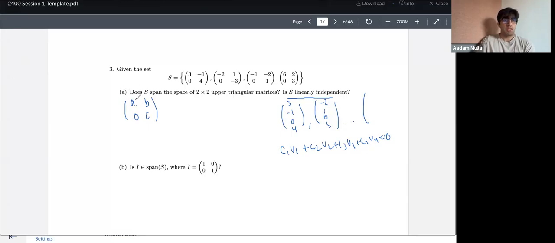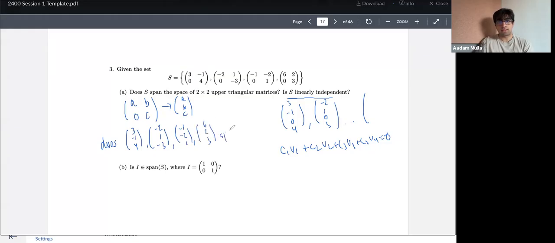In terms of spanning the space of 2 by 2 upper triangular matrices, what you have to realize is that this bottom 0 is kind of irrelevant for the whole problem. You can represent a 2 by 2 upper triangular matrix as just A, B, C, where A is the number here, B is the number here, and C is the number here. So this is the same question as asking: does (3, -1, 4), (-2, 1, -3), (-1, -2, 1), and (6, 2, 3) span R3?